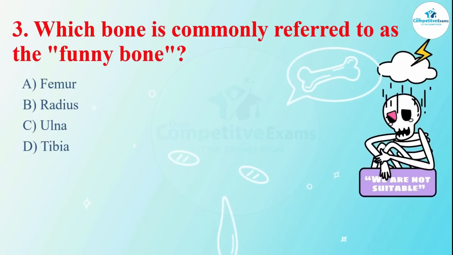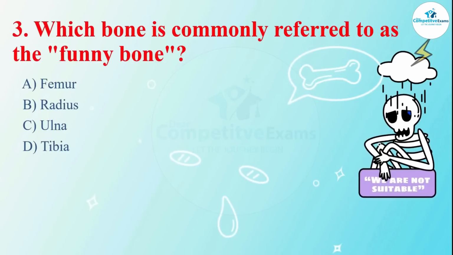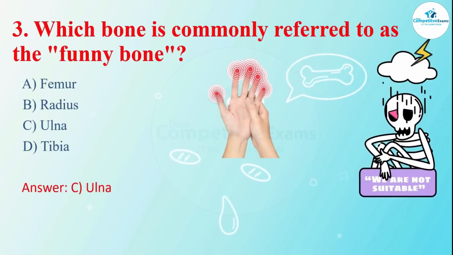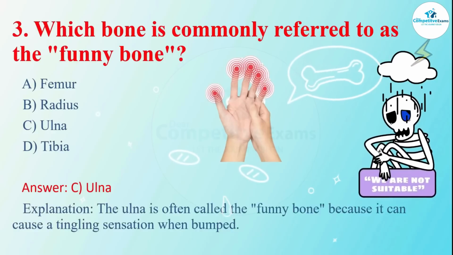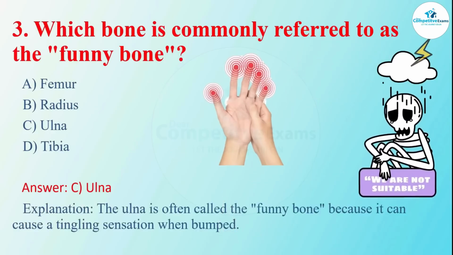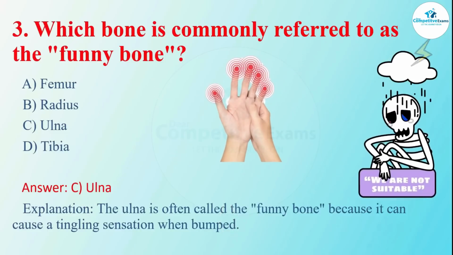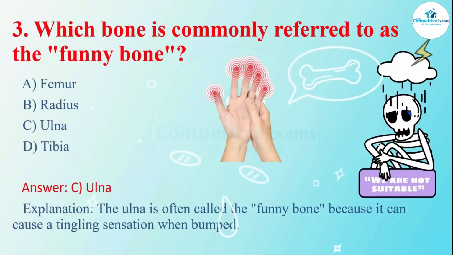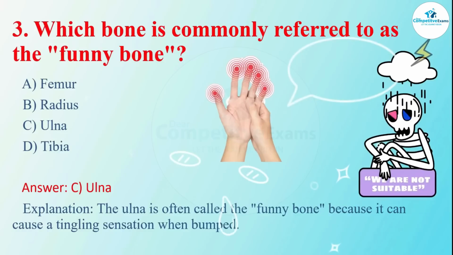The right answer, the funny bone of our human skeleton, is ulna. Friends, the ulna is often called the funny bone because it can cause a tingling sensation when bumped, right? And that's the reason we call this bone the funny bone of the human body.